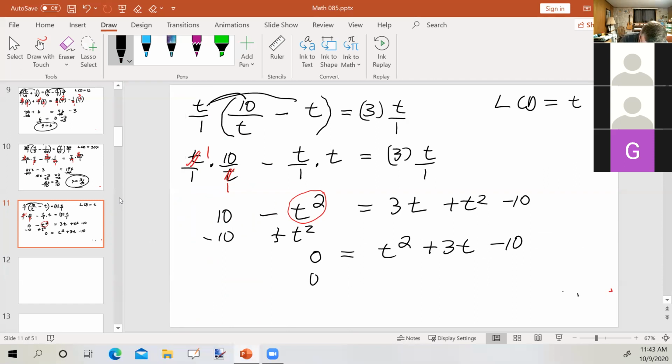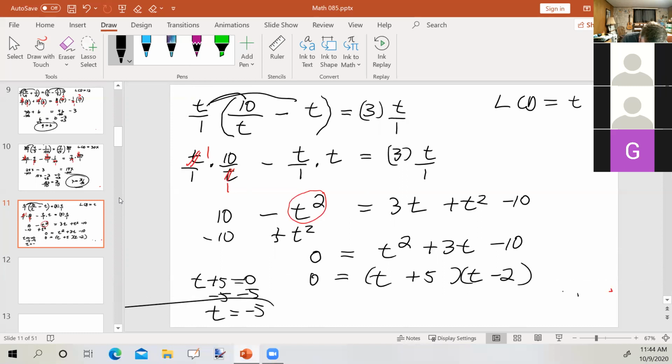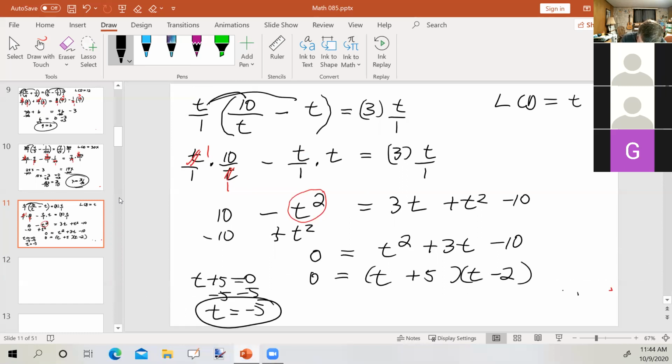So now on the right side of the equation, I'm going to factor. Let's see, a product of negative 10 and a sum of 3. How about a plus 5 and a minus 2? So if we have T plus 5 equals 0 and we subtract 5, we get T equals negative 5.